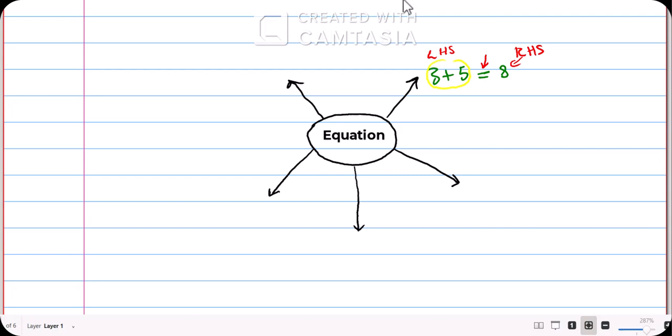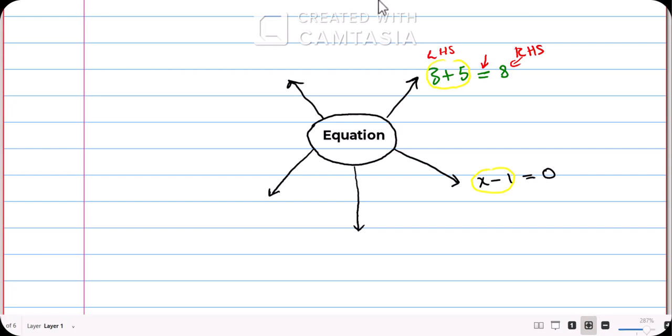So let's go to the second example. Let's say x minus 1 is equal to 0. We are expressing here on the left hand side, then we say this expression is equal to 0.